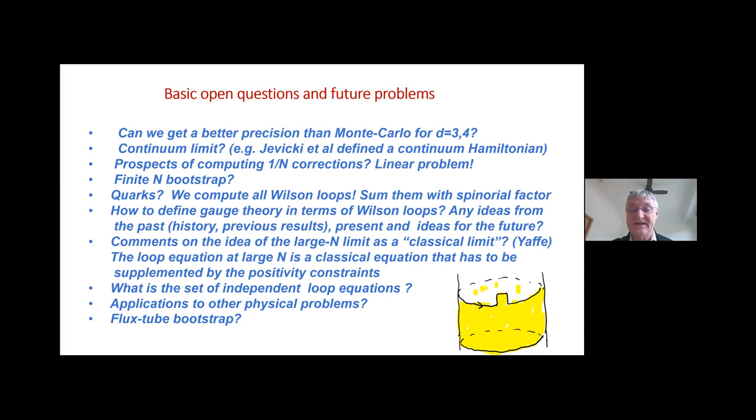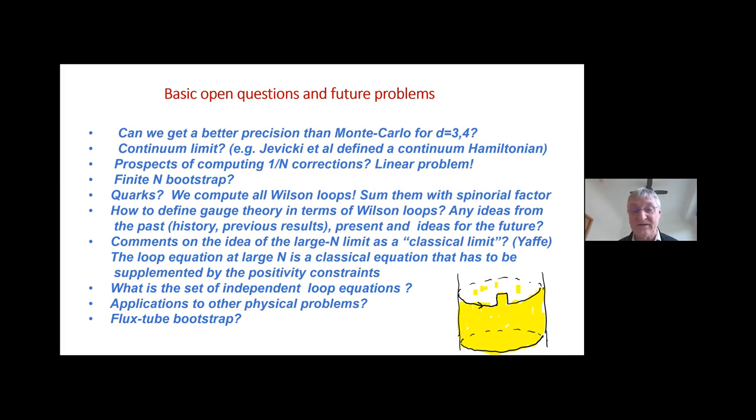And what is nice in the 1 over N expansion is that we have to go to the next order, 1 over N, because for a two-loop correlator, due to the factorization, we have to go to the next order to correlate them.